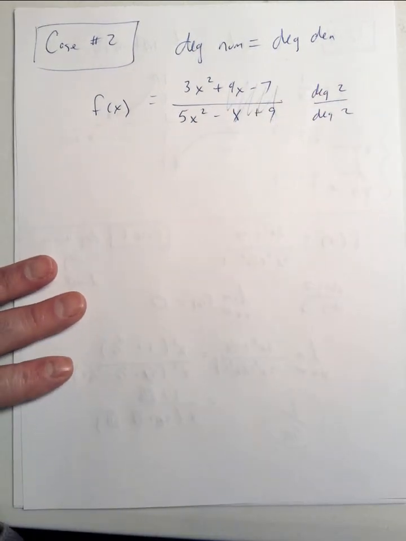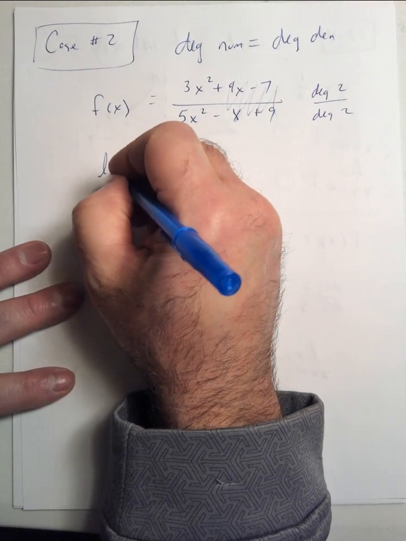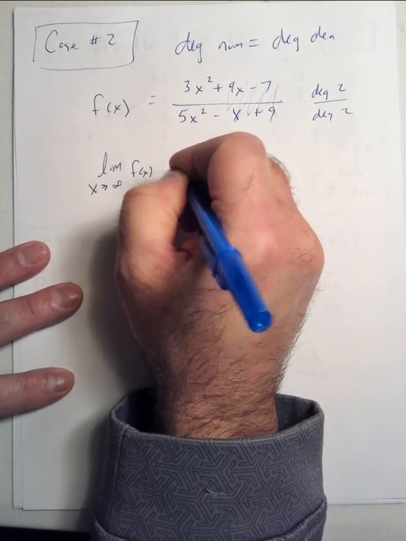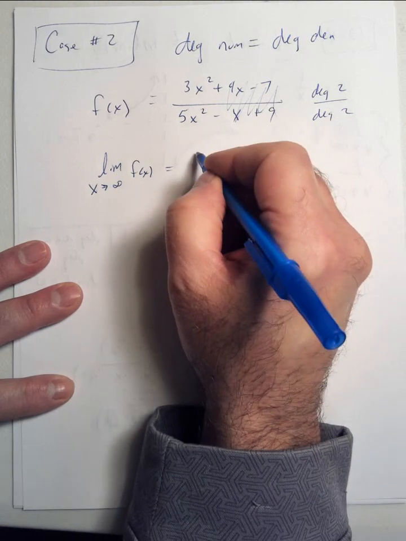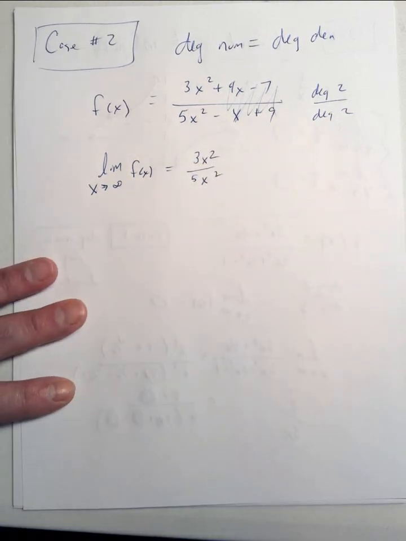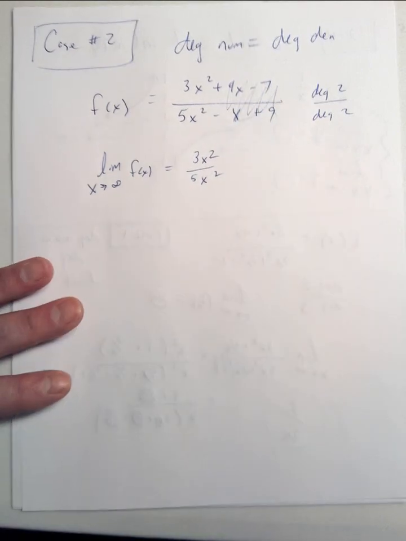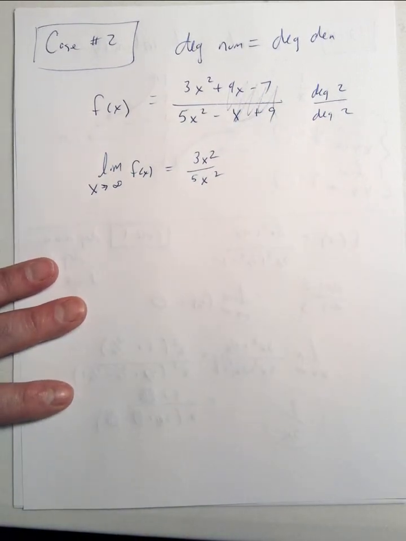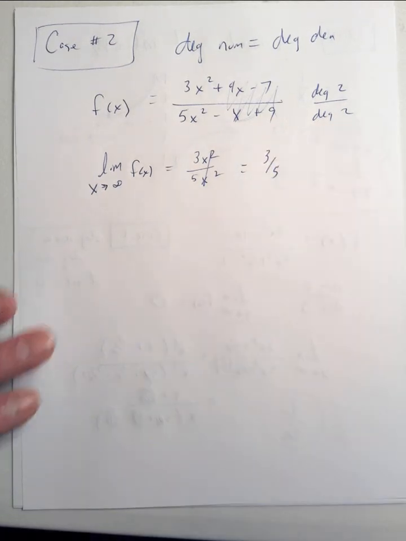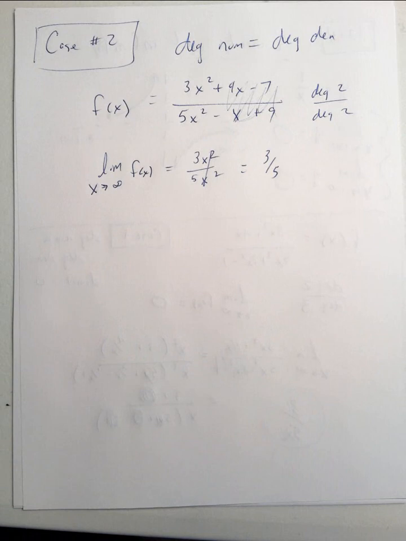So when we're looking at the limit as x approaches infinity of f of x of this particular function, we're really looking at this, because the rest of this doesn't matter. Which means that cancels, and what are we approaching? 3/5. So the overall rational function is going to approach 3/5, and that's your limit.